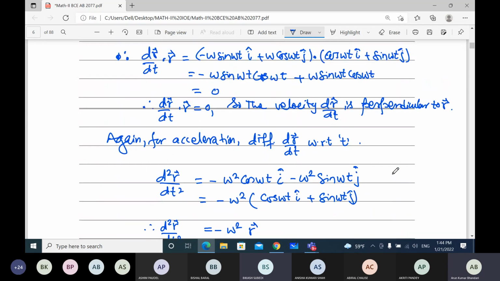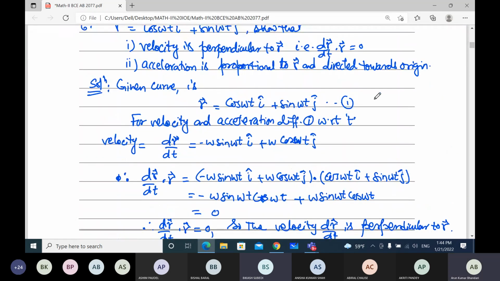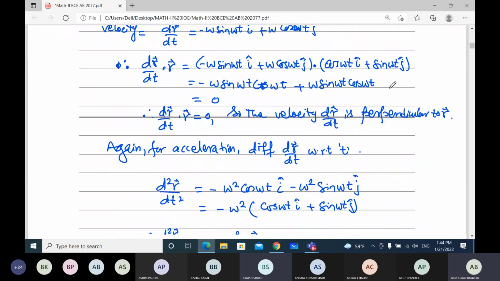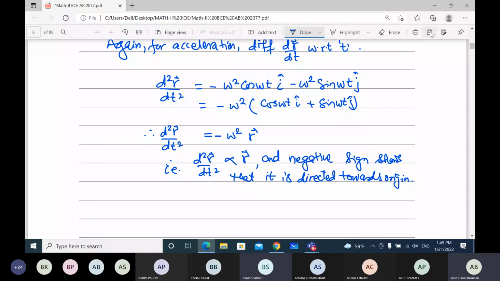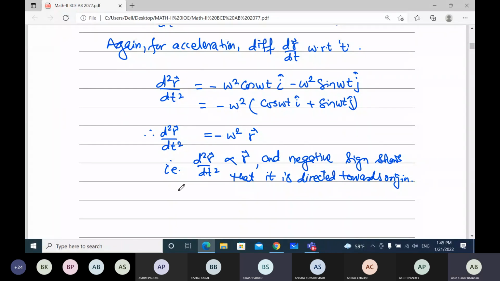This completes the solution. Okay, directed towards origin. What is in this? Is it understood?